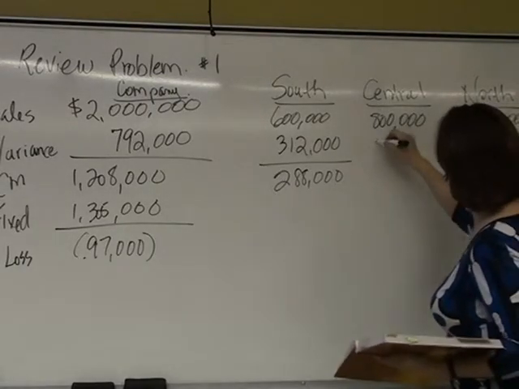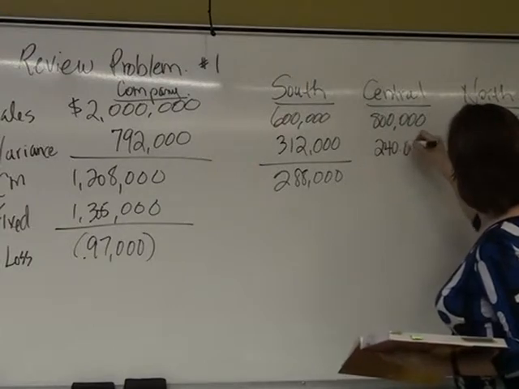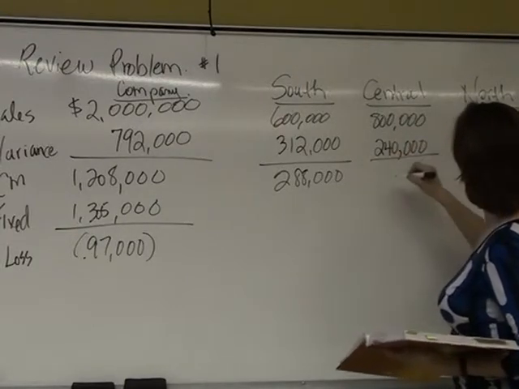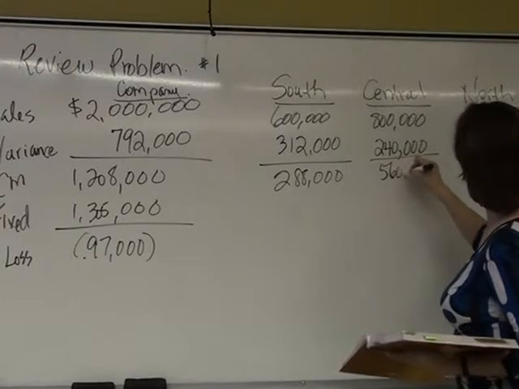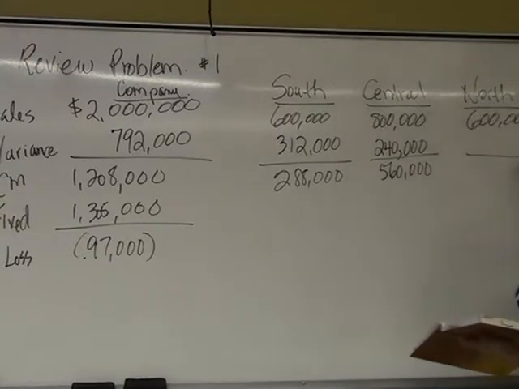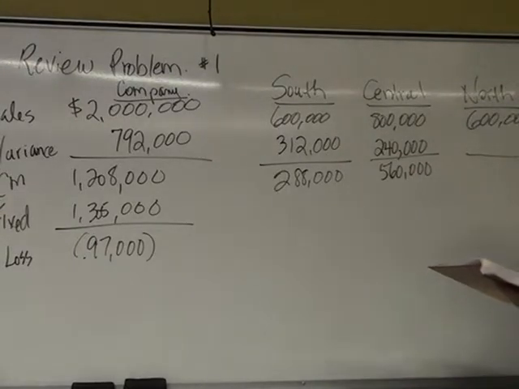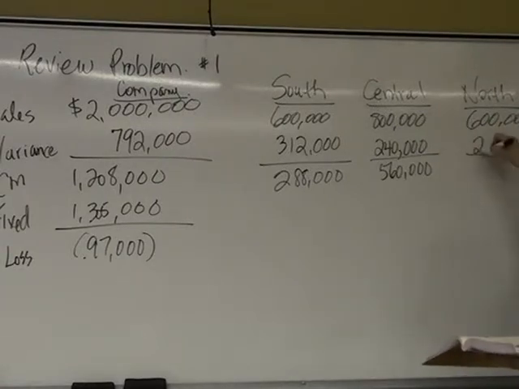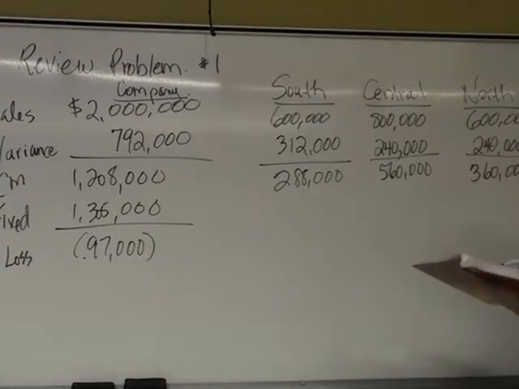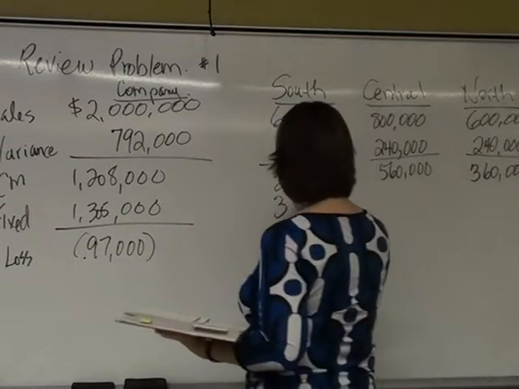Oh, 8 times 3 is 24. So this is 560. And then this should be 360, right? So then they've got traceable fixed expenses. So these are 320.